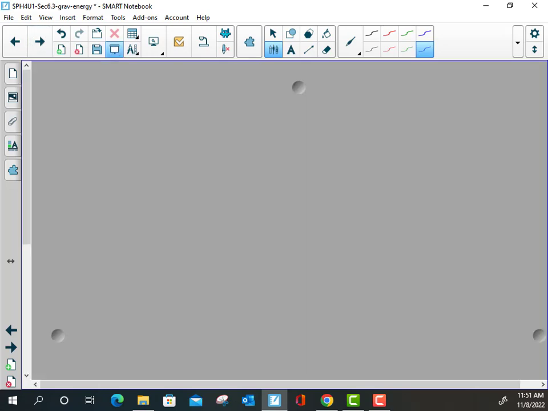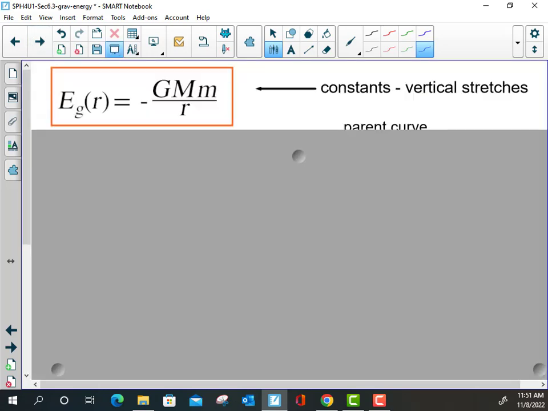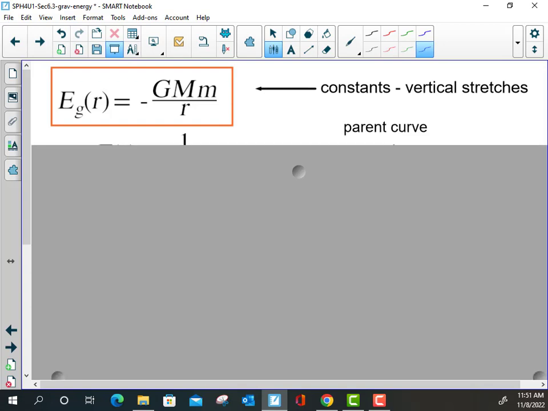All right, so here we go. Here's the messy part. So if this is our expression for our gravitational energy, depending on our radius or our distance from the planet, from the center of the planet, there's a couple things we can extract from a math class perspective. All of the top values are generally constant. So within a problem, the mass of the planet, the mass of the object you're looking at, and the gravitational constant are all the same.